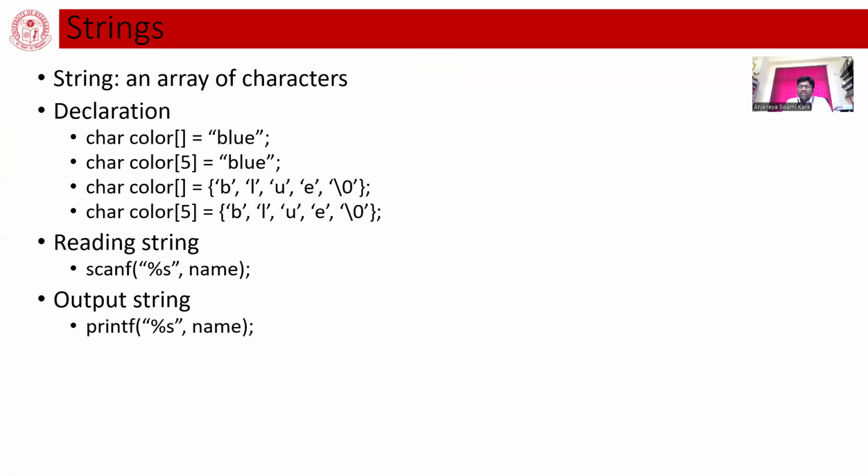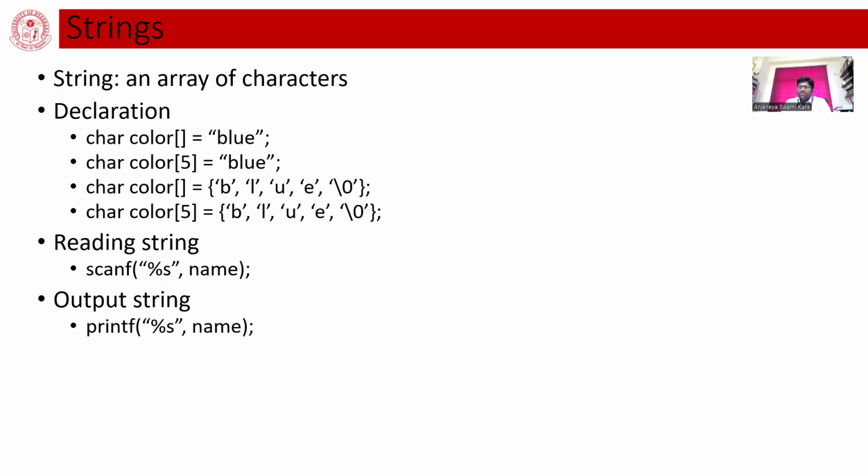Strings are basically a different kind of array. It's an array of characters. But what is the difference? Suppose I say I need an array of 10 integers, which represent the marks of 10 students. We know that number, 10, is fixed.